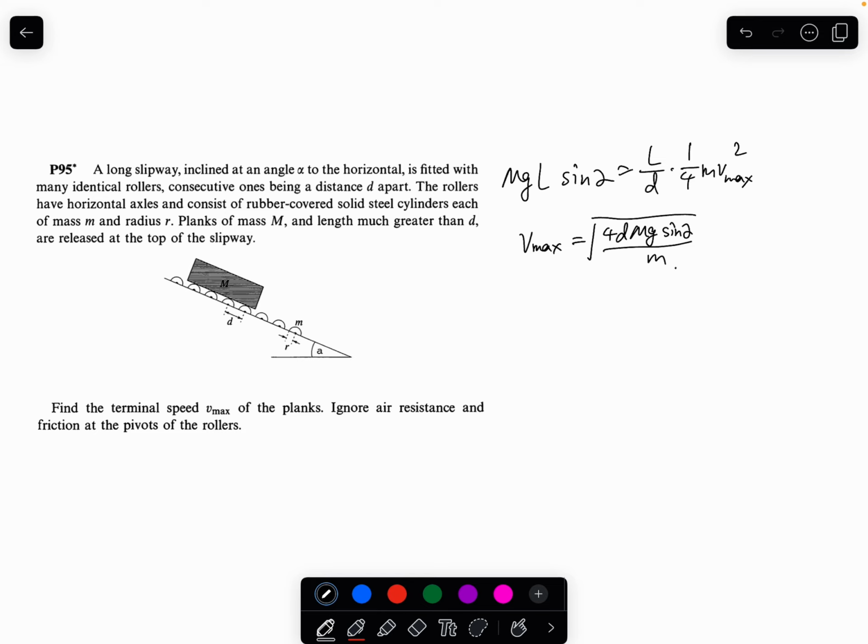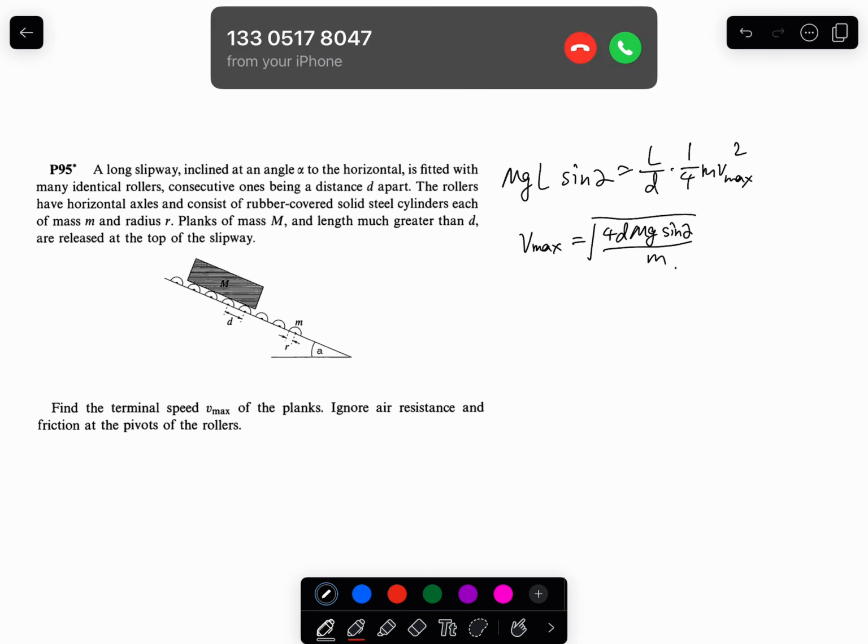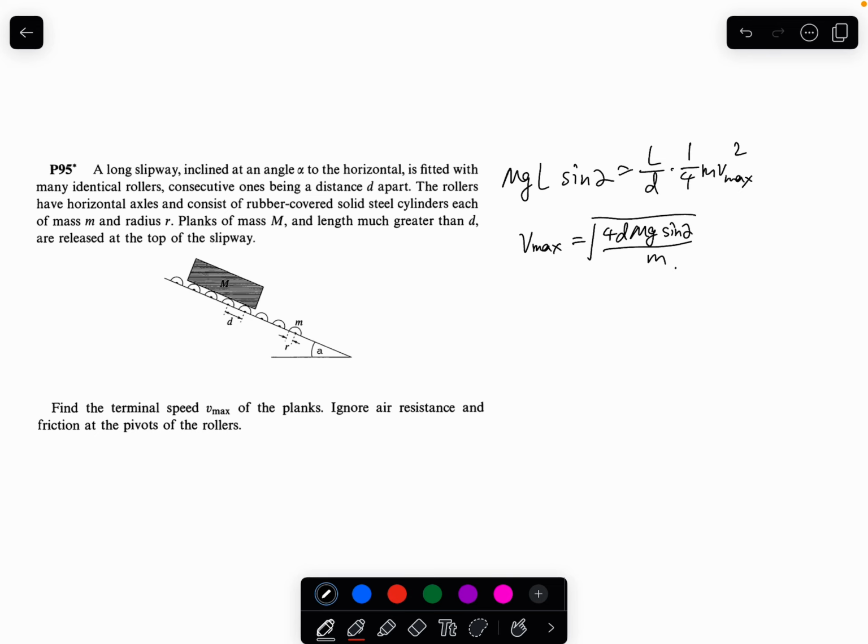But the result is wrong because we do not take into account that speeding up the rollers involves kinetic friction, and consequently there is heat dissipation in the process.